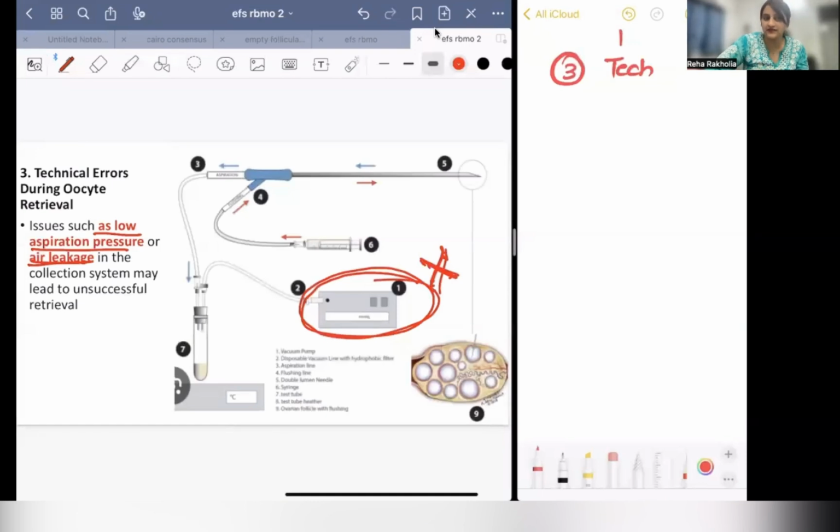During oocyte retrieval, if there is leakage somewhere in the system or pressure is inadequate, we call it a technical error, and it will cause false empty follicular syndrome. This is the vacuum pump. In oocyte retrieval we'll learn about all this.